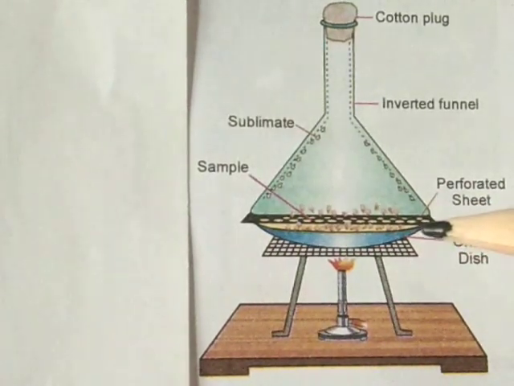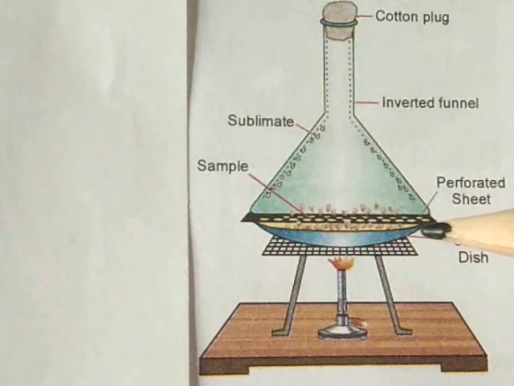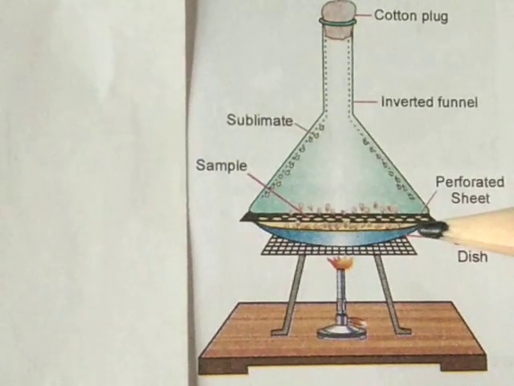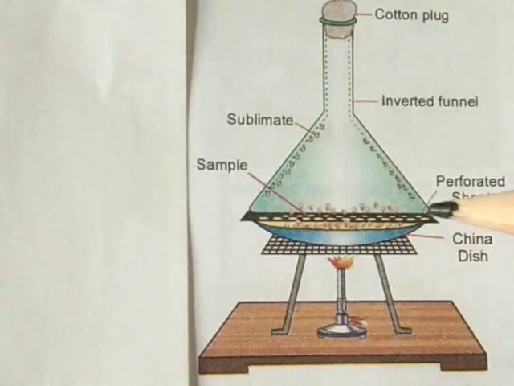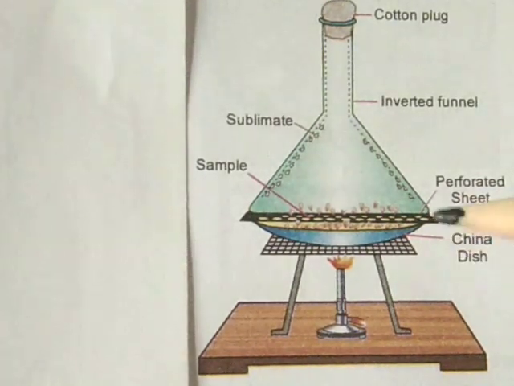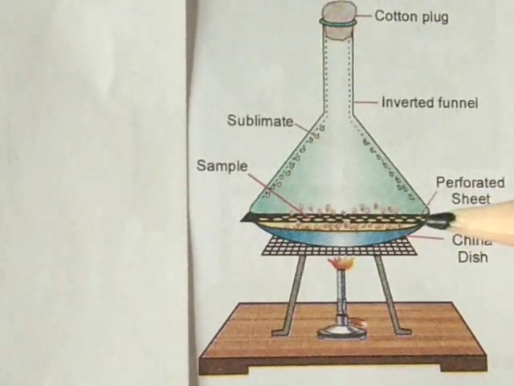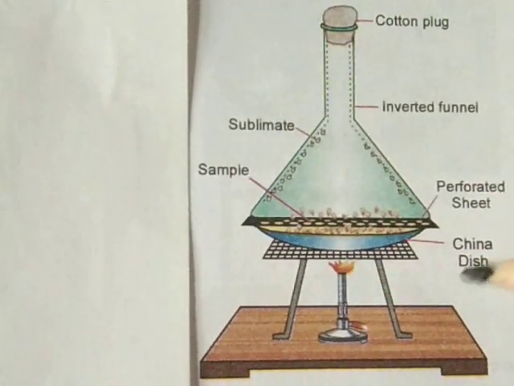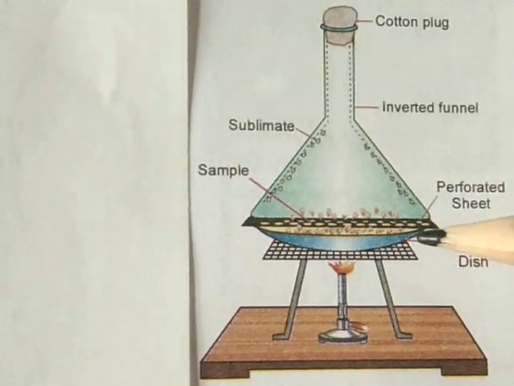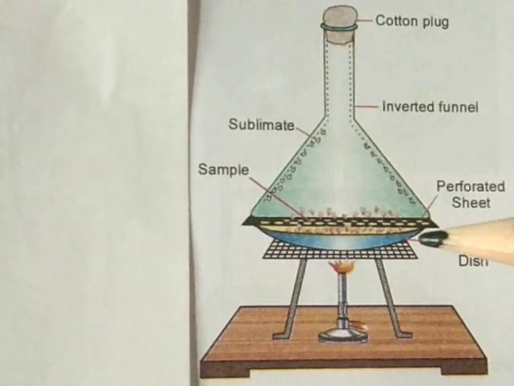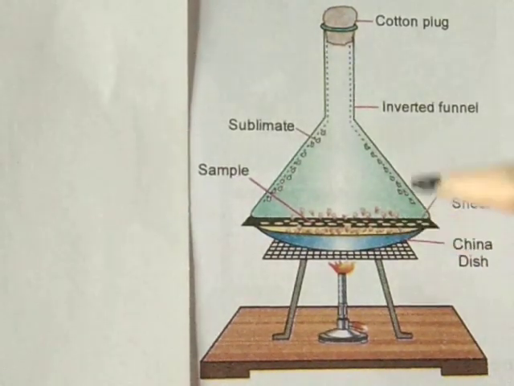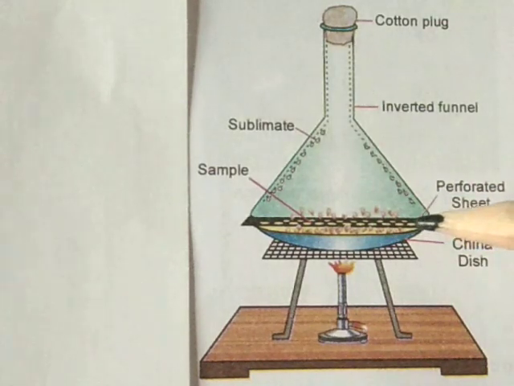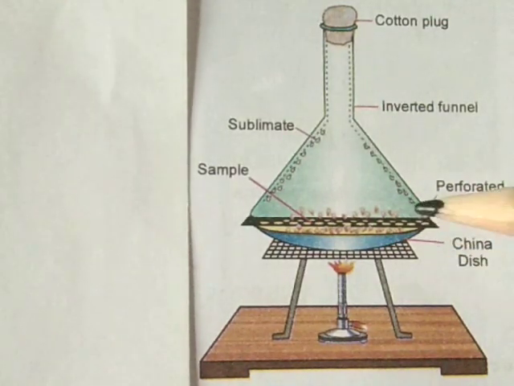Naphthalene balls disappear after some days because of the process of sublimation. Solid form changes into gaseous form without undergoing the liquid state. So naphthalene balls easily sublimate. You can also see this in our homes.